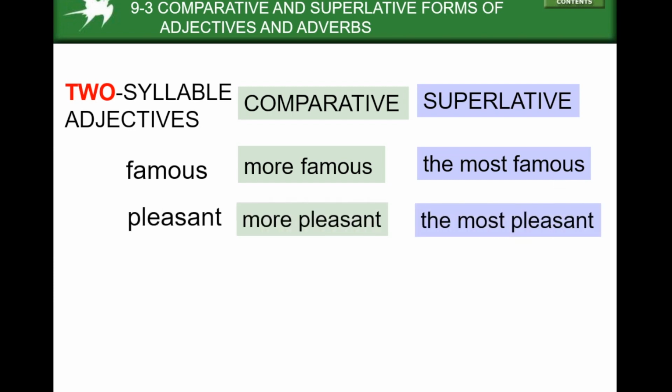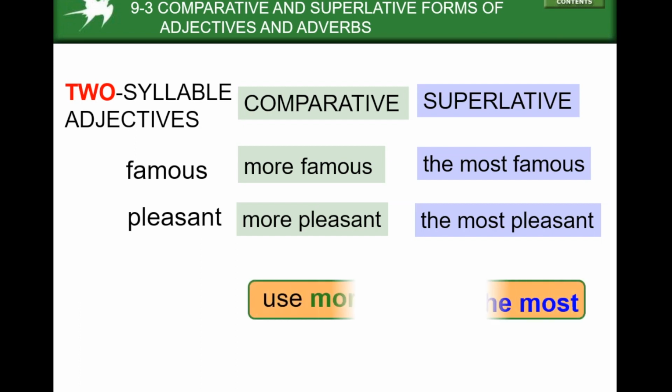Pleasant, that's also two syllables. Pleasant, more pleasant, the most pleasant. So when we have longer words that are more than one syllable, we use more or the most when we want to compare.